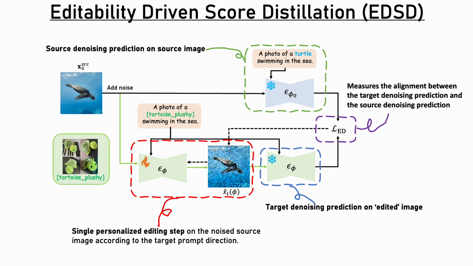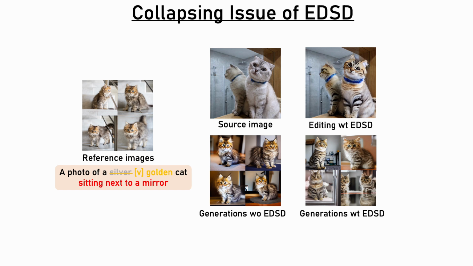We parameterize a single editing step on the noisy latent state of the source image using the personalized model. We then optimize a score distillation objective to encourage the personalized model to deliver effective single-step personalized edits, thereby reducing its denoising performance gap with the source model.